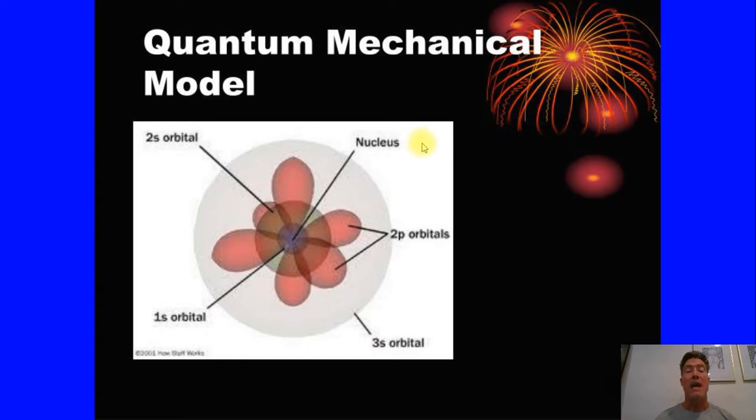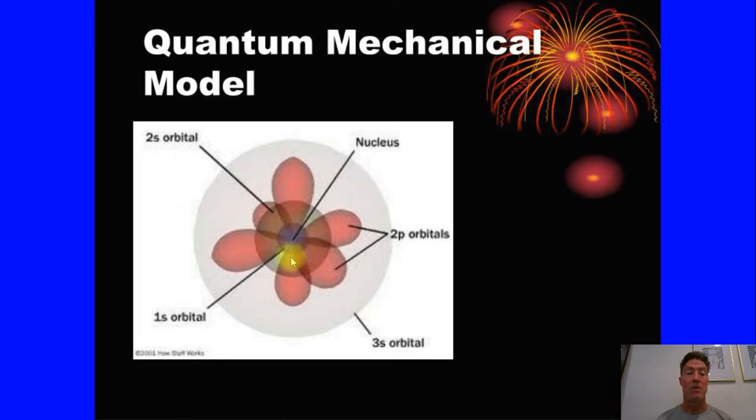Now, in the quantum mechanical model, we're going to talk about energy shells and energy subshells. And this is a depiction of overlapping subshells. So here, this tiny sphere is the 1s orbital, and that's surrounded by the 2s orbital, and then that's surrounded by the 3s orbital, but within that third shell, we have some subshells.